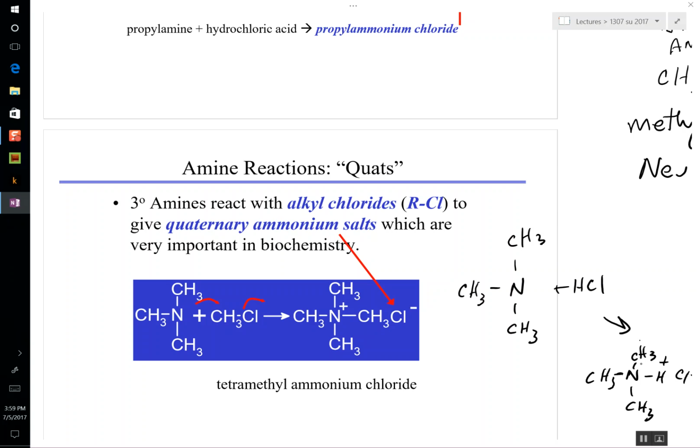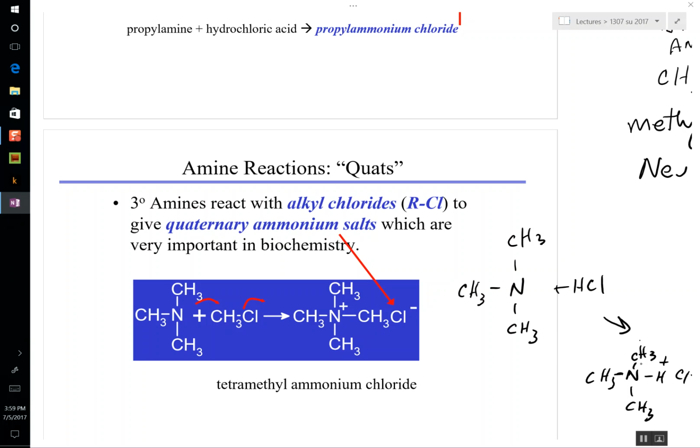Well, what am I reacting it with here? This isn't HCl. This is methyl chloride. So instead of getting a hydrogen here, I get another methyl. Well, I got a nitrogen with 4 methyl groups around it. It still has 4 bonds around it and a +1 charge.